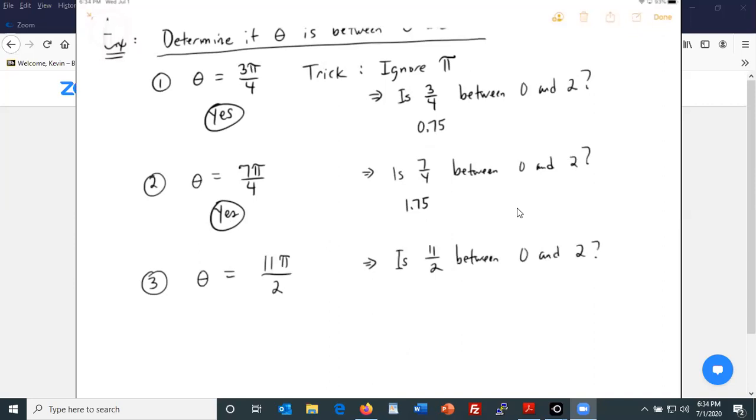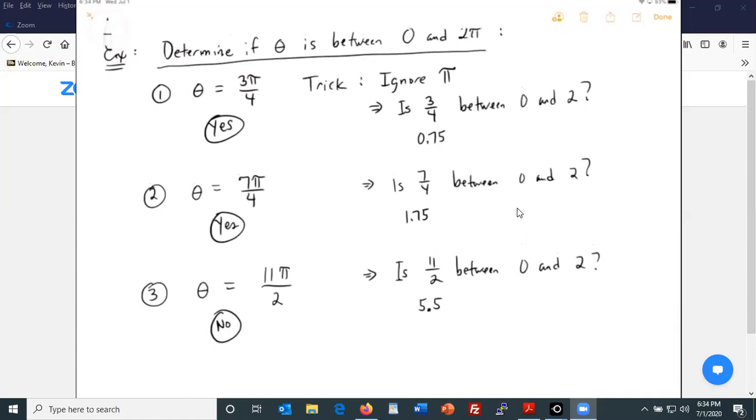Also ignoring the pi symbol with the 2 pi. All right, so just think 0 and 2. Well, again, what's 11 divided by 2? Use your handy calculator to do that. So 11 divided by 2 is 5.5. Well, let's see, 5.5, is that between 0 and 2? No. So therefore, this angle here is not between 0 and 2 pi. Okay? So that's the trick with those.